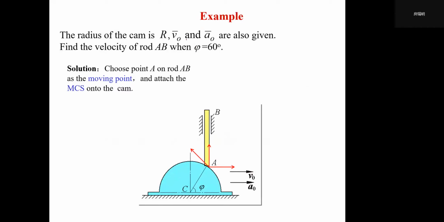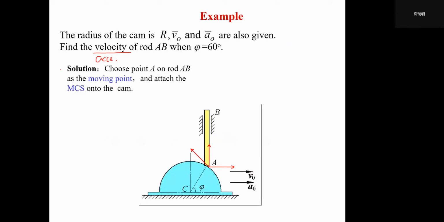So these three quantities are known, right? Let us find the velocity of rod AB when phi equals 60 degrees. We can also find its acceleration, right?